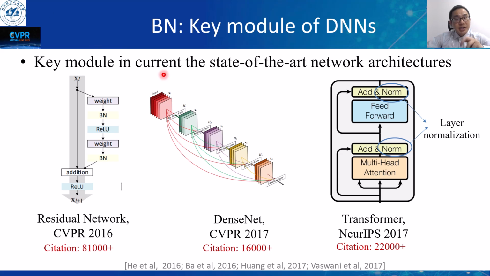Further, a significant number of other normalization techniques have been proposed to address the training issues in particular contexts, further evolving the deep neural network architectures and their applications. For instance, layer normalization is an essential module in the transformer, which has advanced the state-of-the-art architectures for natural language processing tasks.